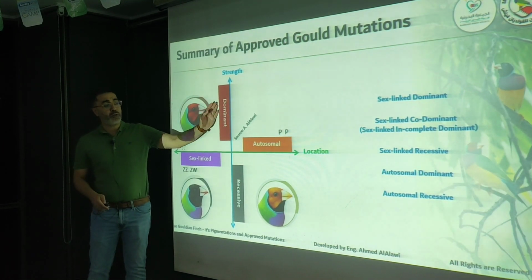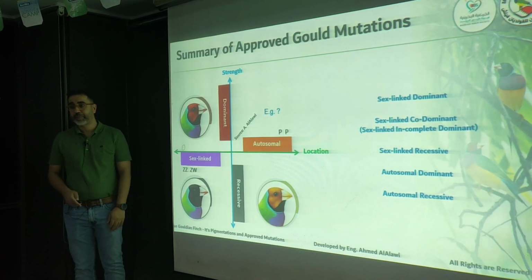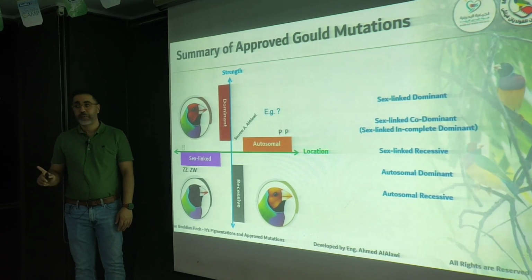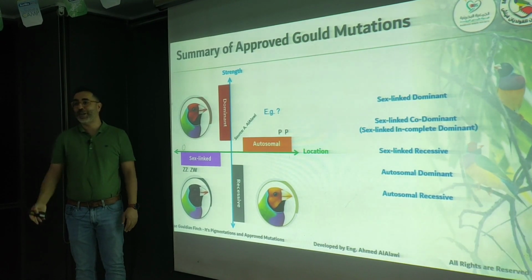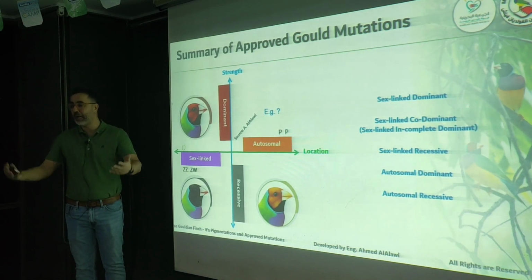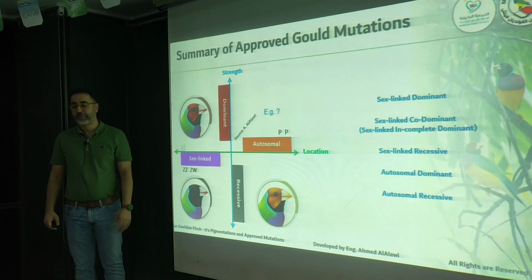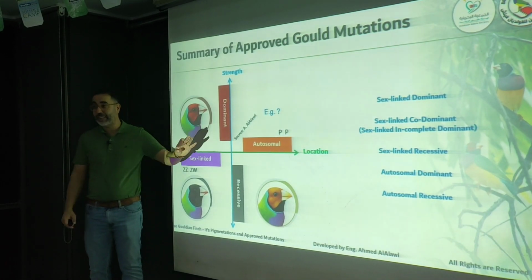Can I have an example of autosomal dominant? Head color? Up to you. I accepted his blue back, I accepted his Lutino. Anything you know. We are only thinking loudly. Yellow back. So yellow back is not autosomal, it's sex-linked.